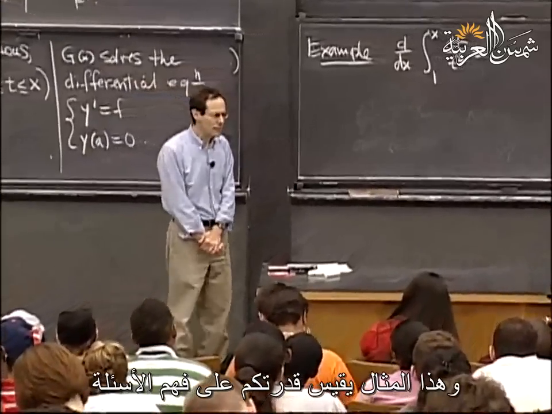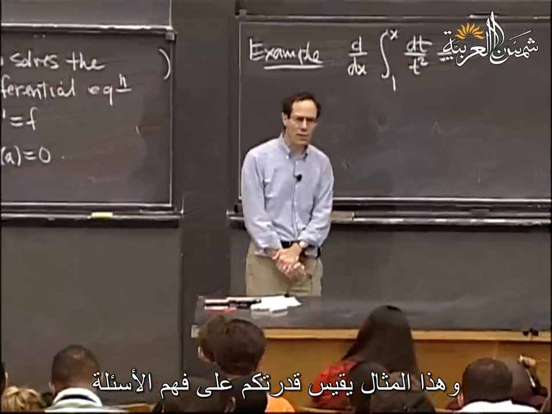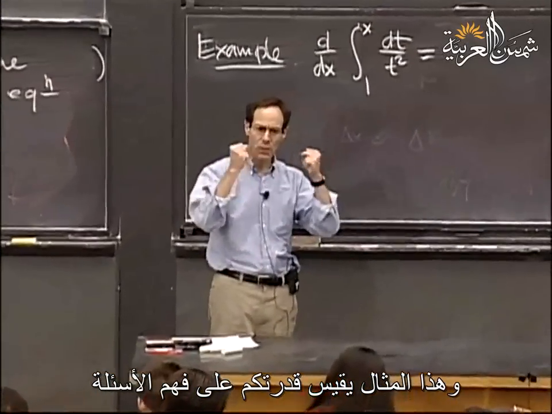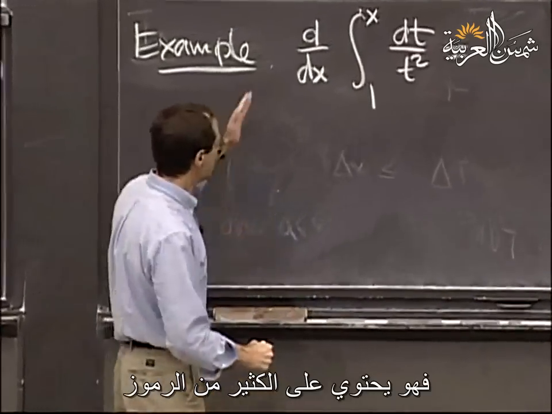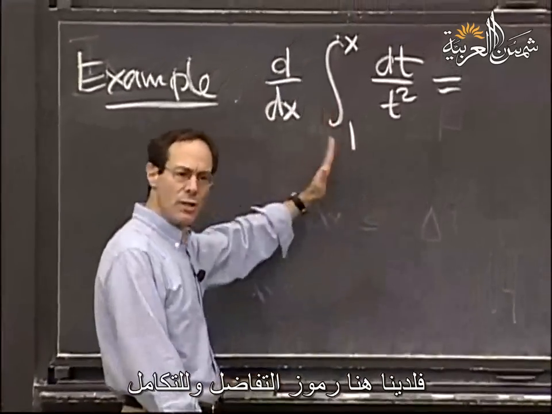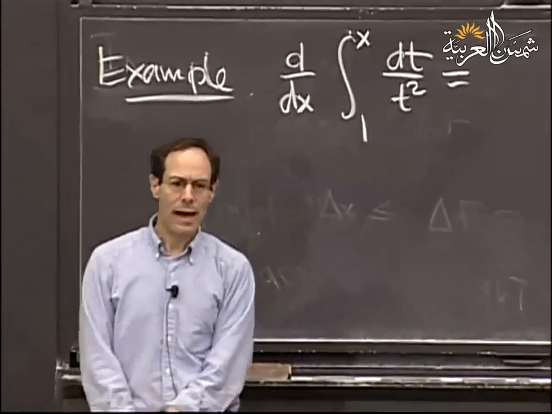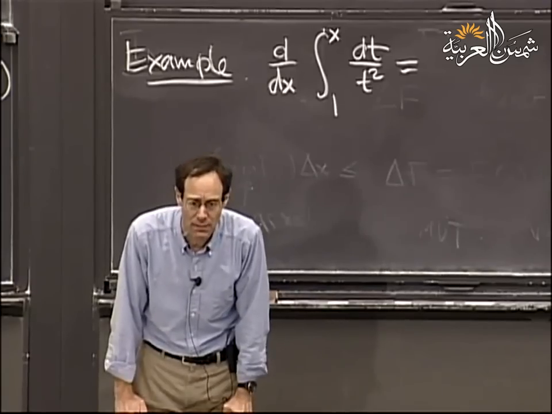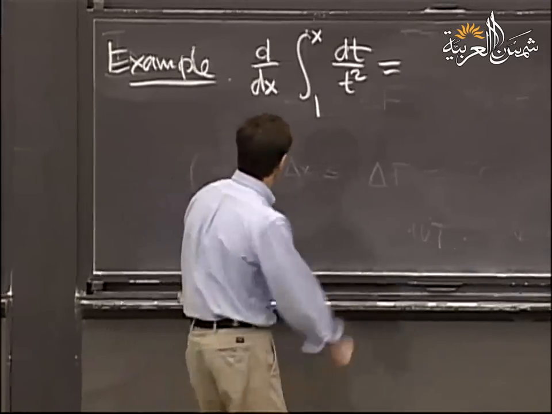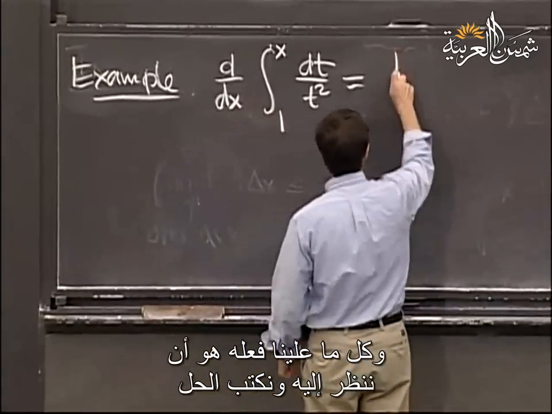Now this is a question which challenges your ability to understand what the question means, because it's got a lot of symbols. It's got the integration and it's got the differentiation. However, what it really is is an exercise in recopying. You look at it and you write down the answer.